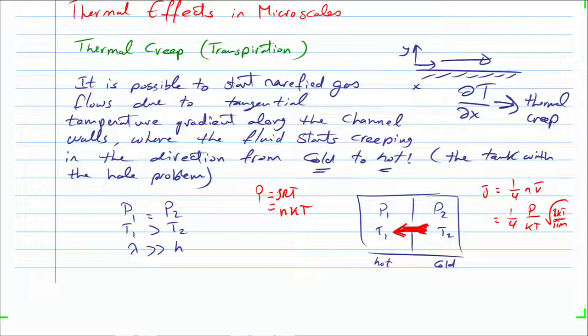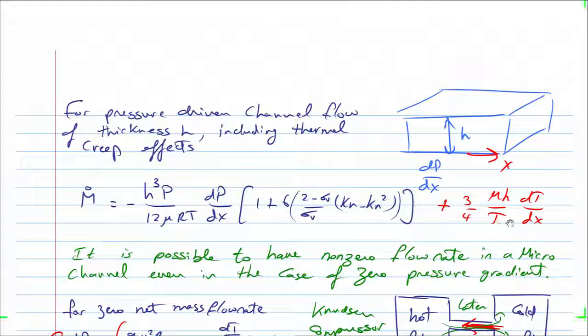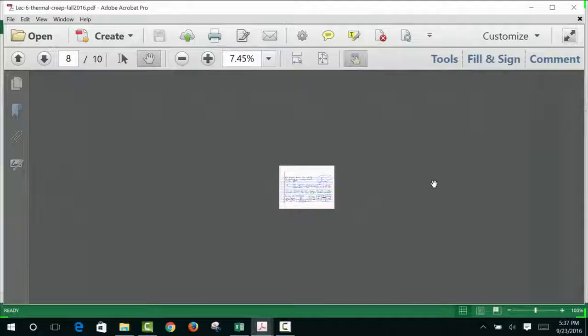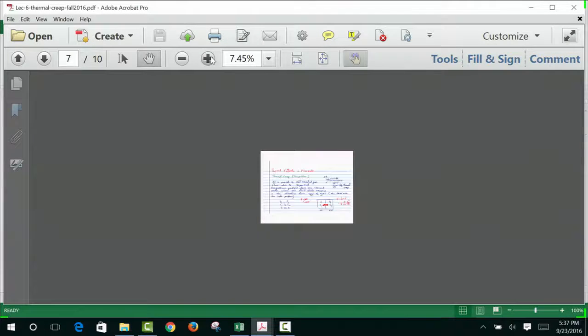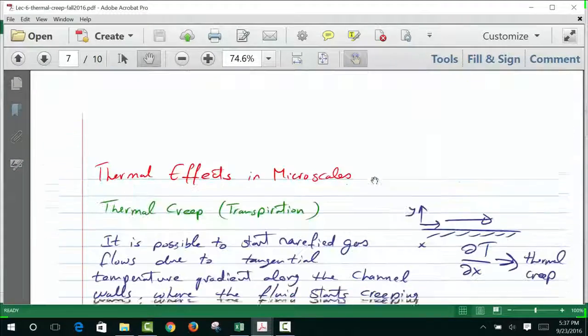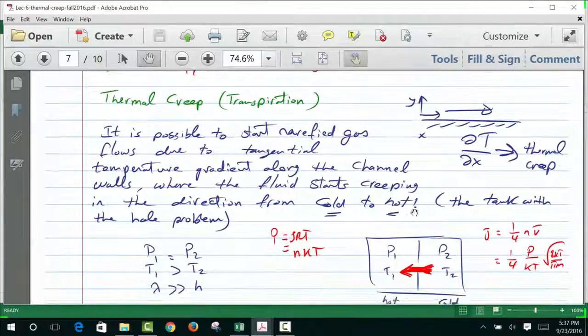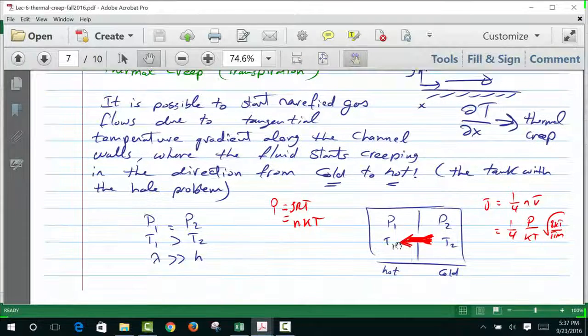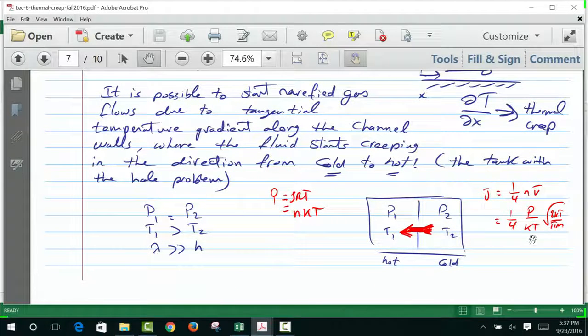But then you will end up seeing the flow moving from the cold side to the hot side. All right? And again, it's very important to remember that we said that the pressure is the same. All right? Therefore, N scales just with T.